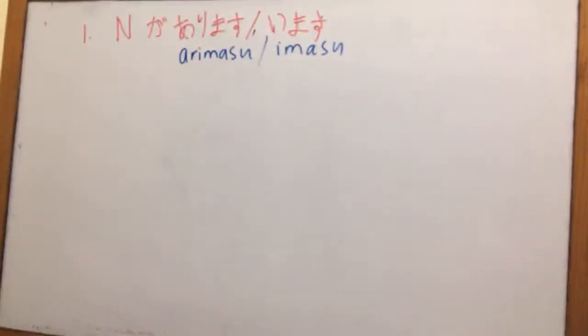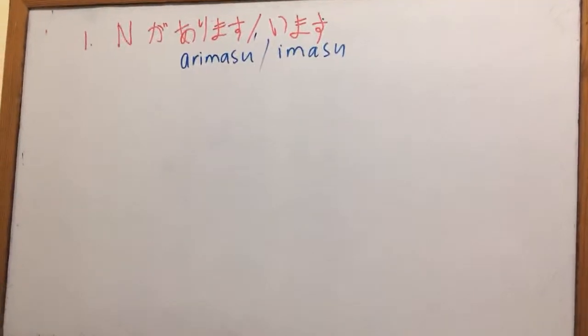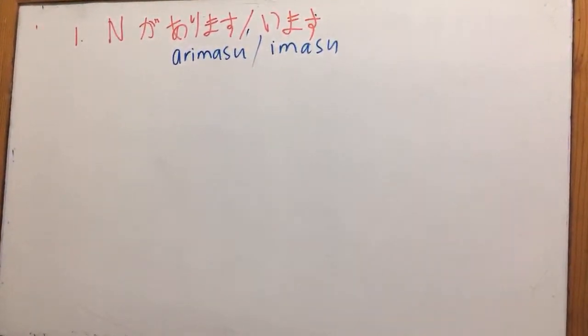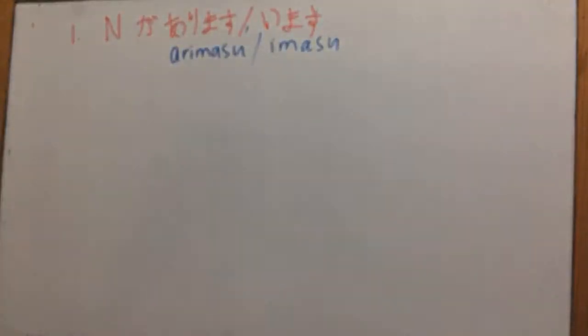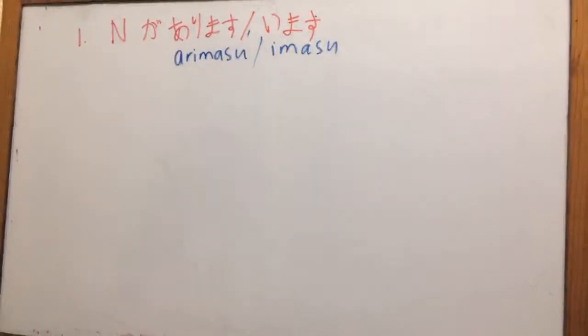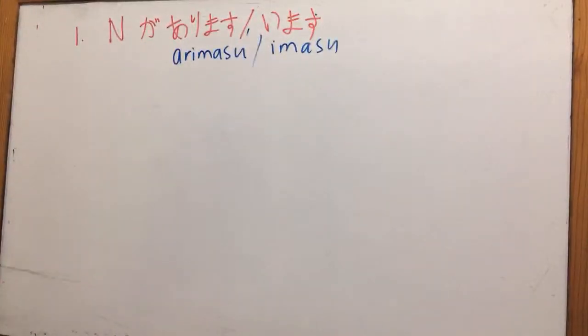So as you can see, okay na. A while ago we studied arimasu and imasu, right? In our vocabulary, that is our first and second vocabs. So we will use that in our sentence pattern. Again, what is imasu? For animate things.